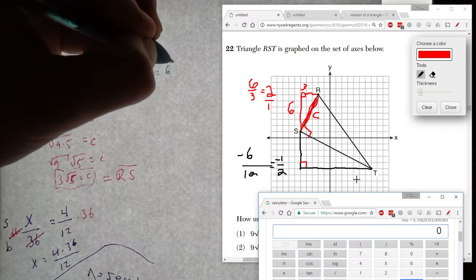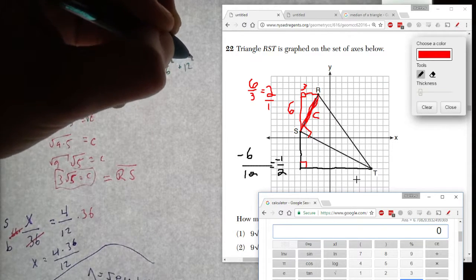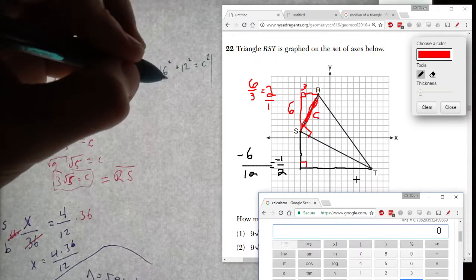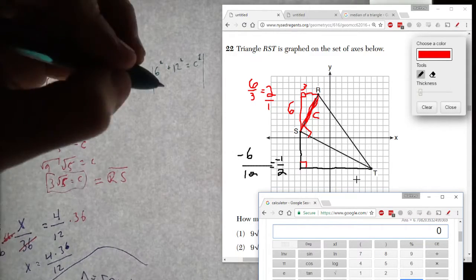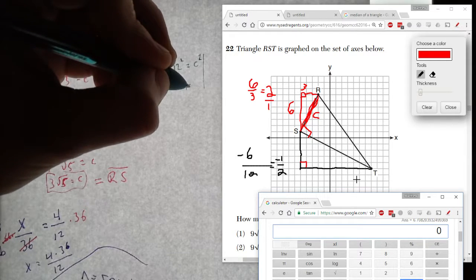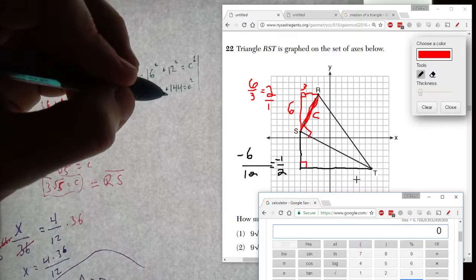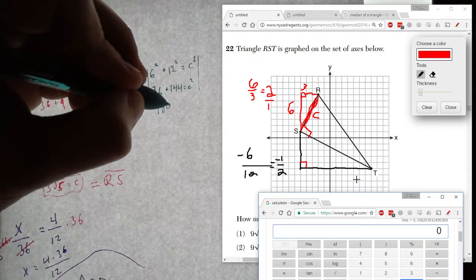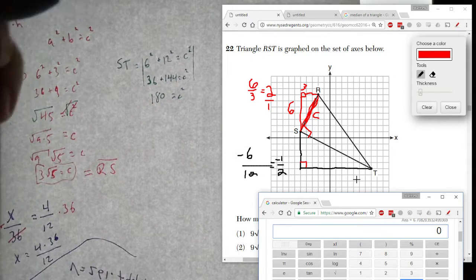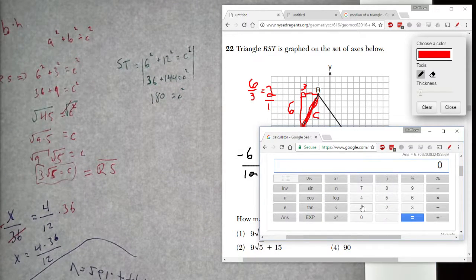So 6 squared plus 12 squared is equal to c squared. 36 plus 144 is equal to c squared. This becomes 180. Yeah, that sounds about right, as long as my 12 squared was right, which it is. 12 times 12. Yeah.